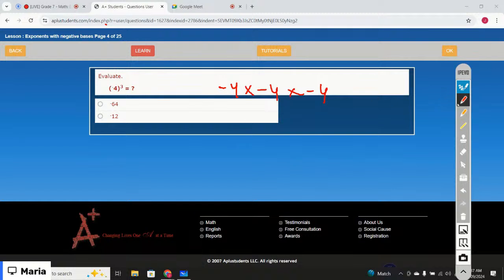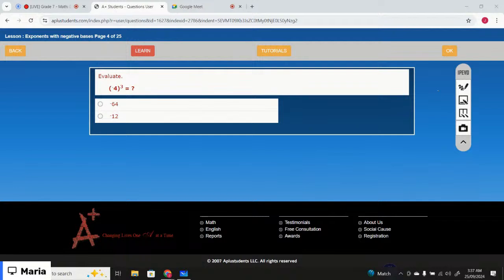The correct option is negative 64. Option number 1 is the correct option.